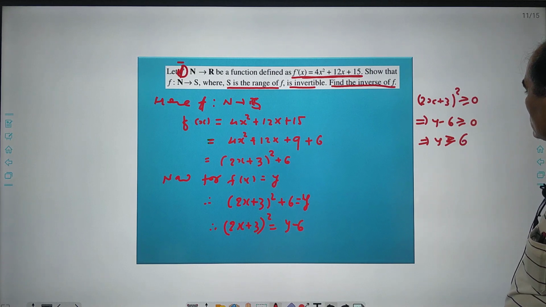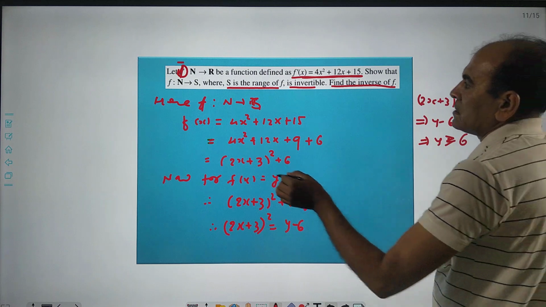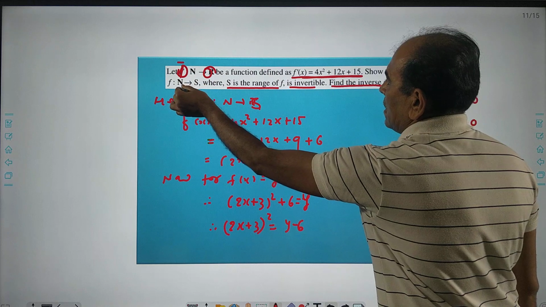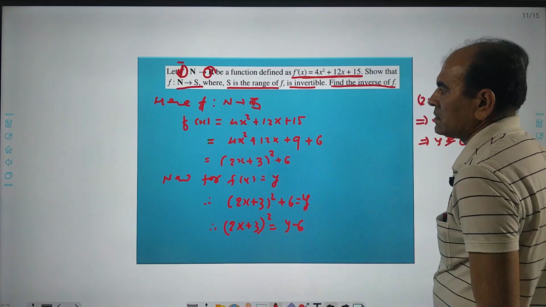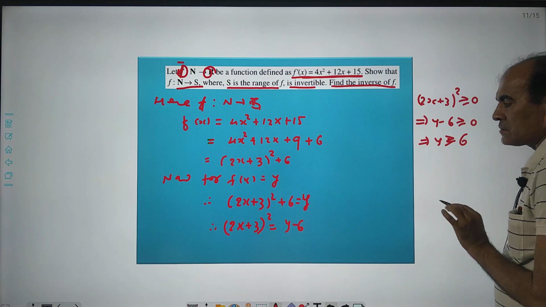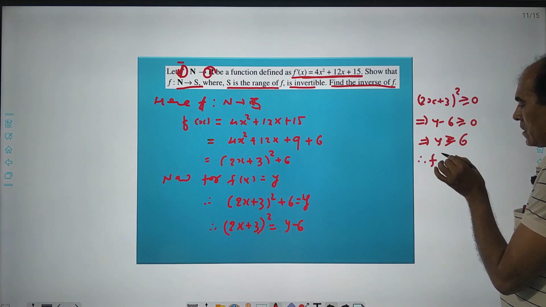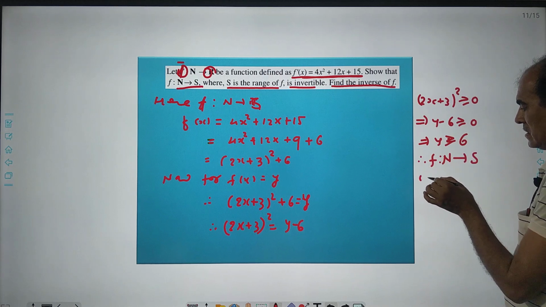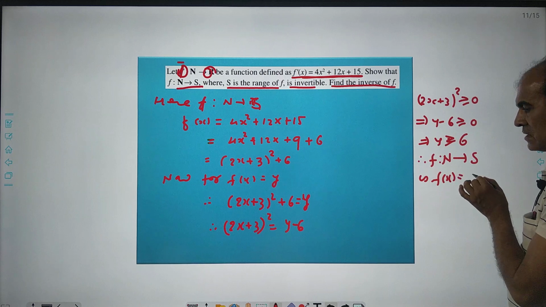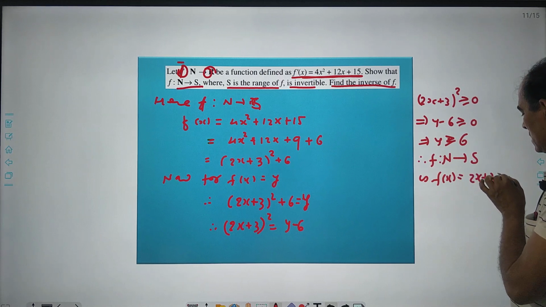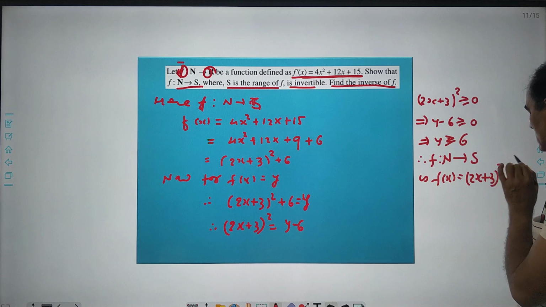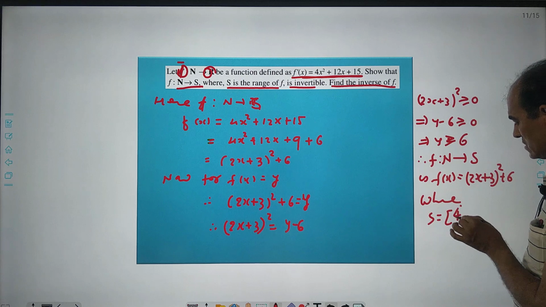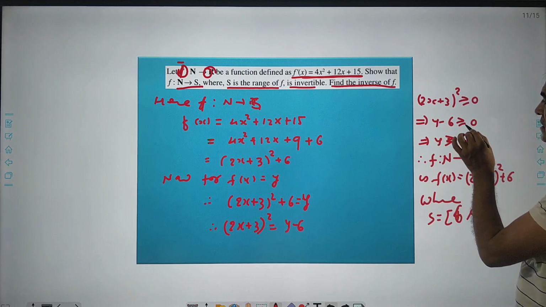That means the function N to R is given to us, but if we take f from N to S, then what is the range? And therefore f from N to S is f(x) = (2x + 3) whole square plus 6, where S is nothing but 6 to infinity.